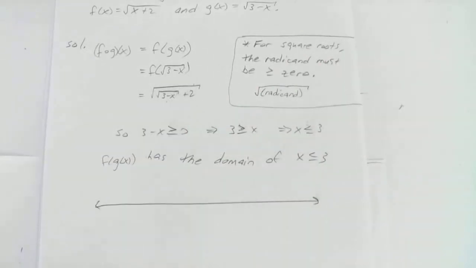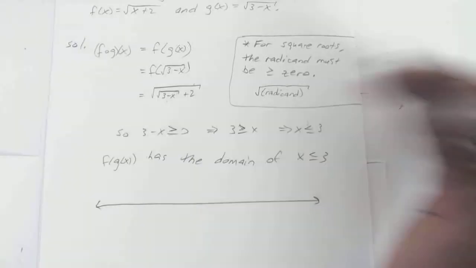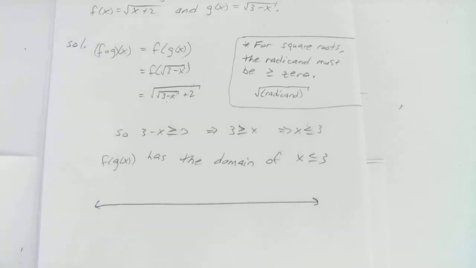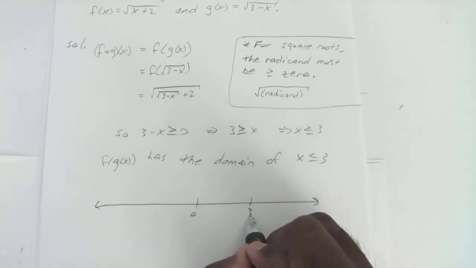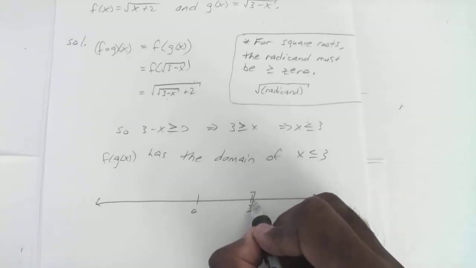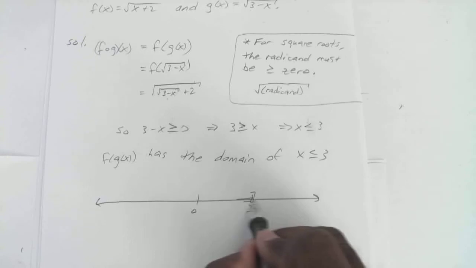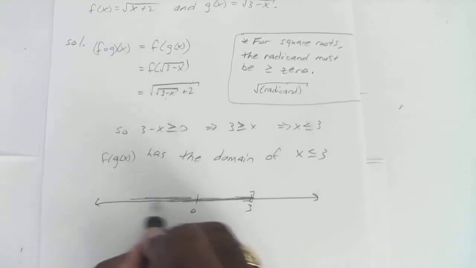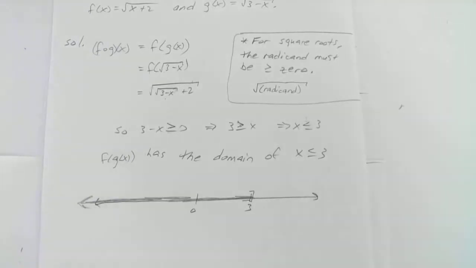Okay, so we know in here has to be greater than or equal to 0. Then we added x, and then we just switched it around. So if x is less than or equal to 3, if we have 0 and this is our 3, everything here would make that true.